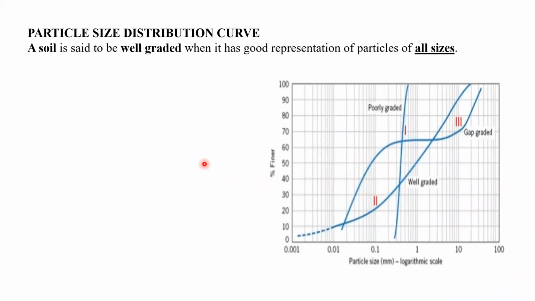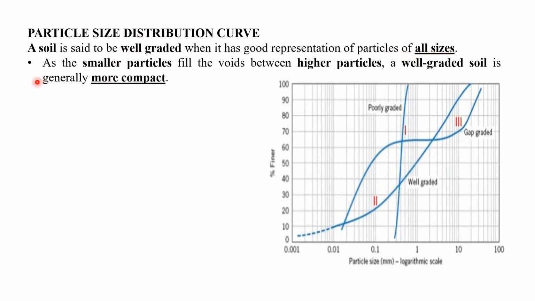As I already told you, a soil is said to be well graded when all the sizes are available in that soil. Smaller particles fill the voids between the larger particles.